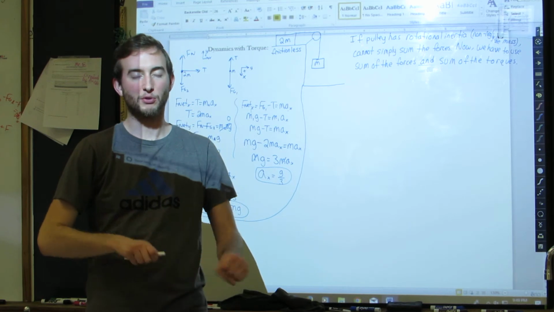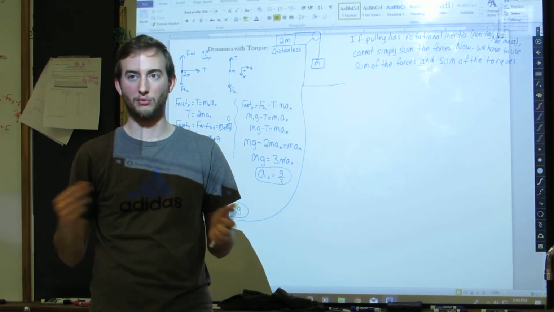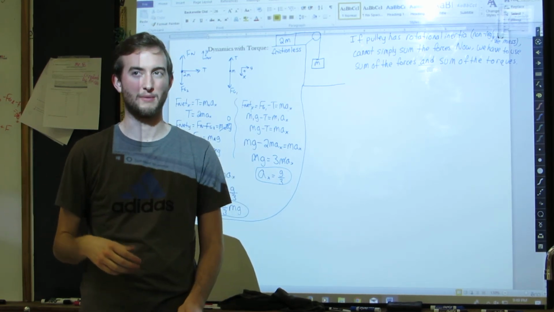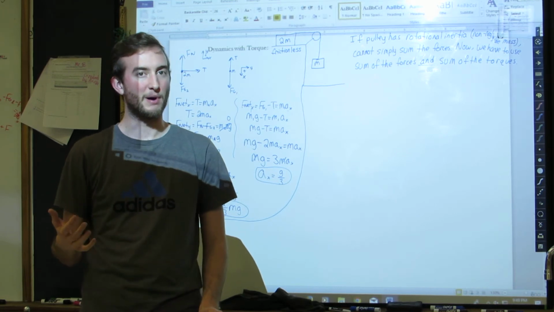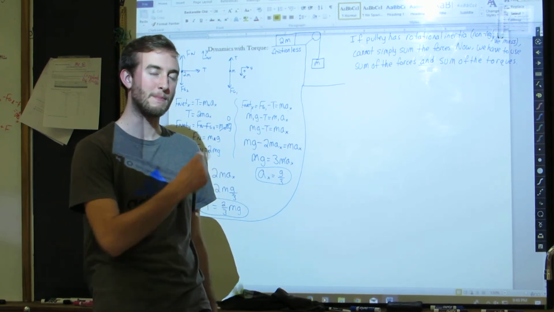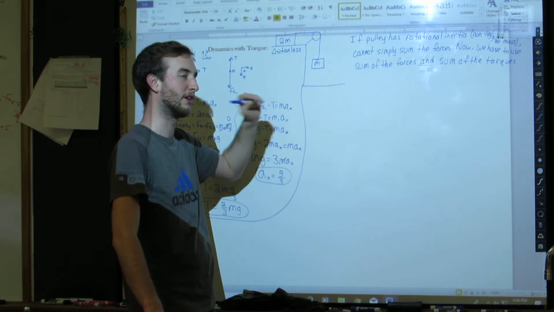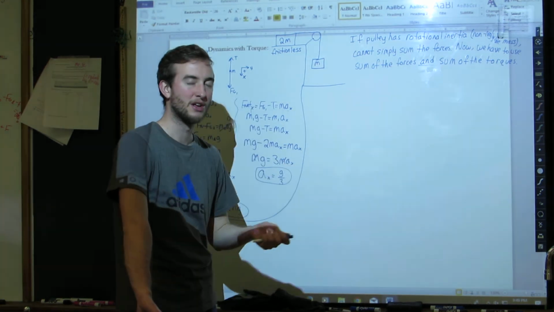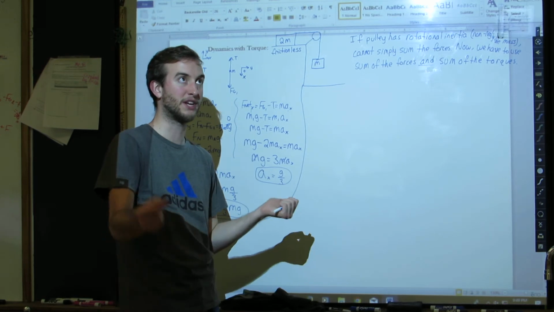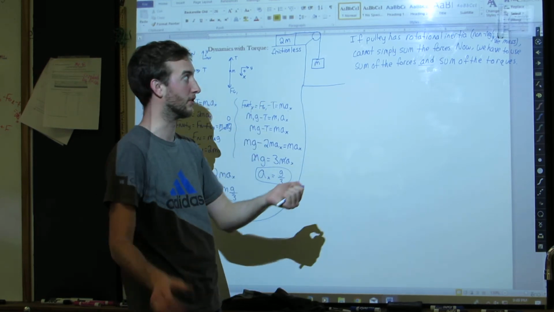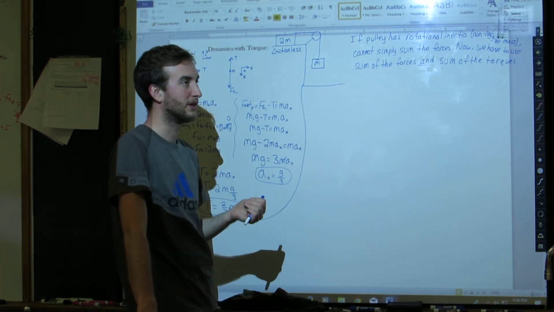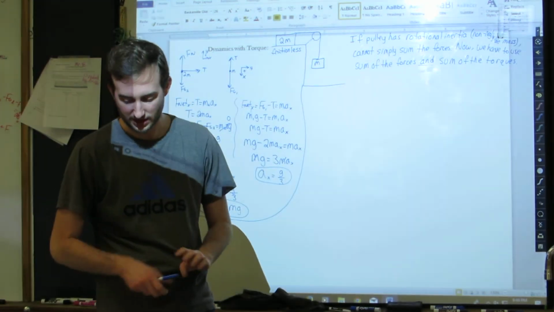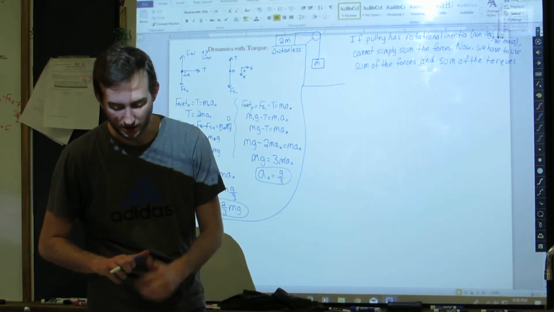If the pulley has some rotational inertia, it's not just going to rotate for any old force. It might, but there are torques that make this pulley rotate. Okay, there are forces that will cause it to rotate, and the size of the force, where it's applied, and the angle that it's applied at will tell us how it causes the pulley to rotate. And that's actually important.